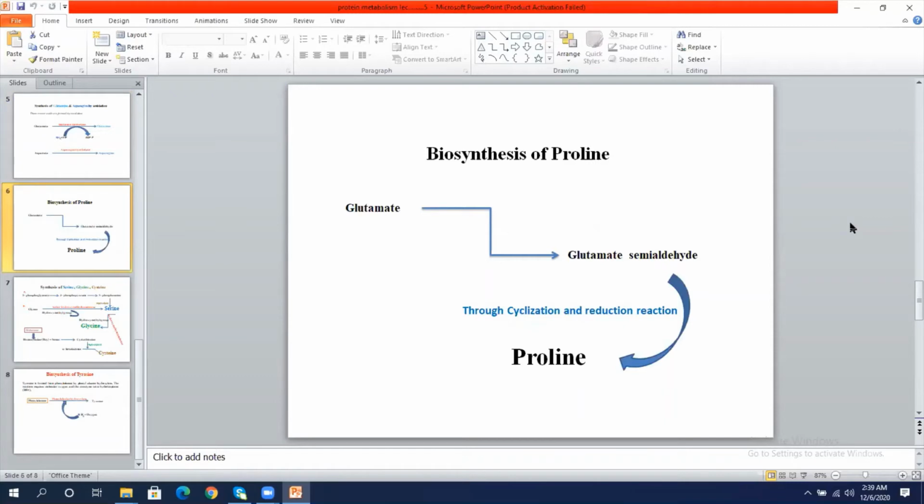Proline is formed from glutamate into glutamate semialdehyde, and by cyclization and reduction reactions, ultimately proline is formed. Now, 6 amino acids have been produced by different chemical reactions inside the body, and these are all non-essential amino acids.